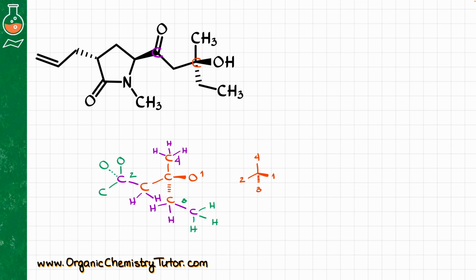What I'm going to do is flip my 4 and 3, so those two guys are going to get flip-flopped, and also I'm going to flip-flop 1 and 2, so I'm going to change the positioning of those two guys. And in this case I'm going to end up with the following stereocenter. Now my number 4 is indeed looking away from me, and 1, 2, and 3 follow each other counterclockwise, so this one is also the S stereodescriptor.